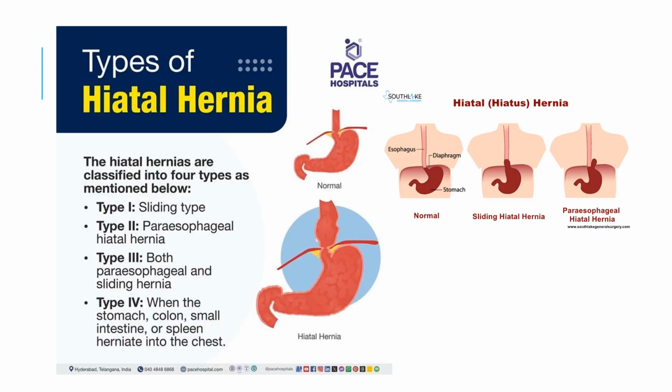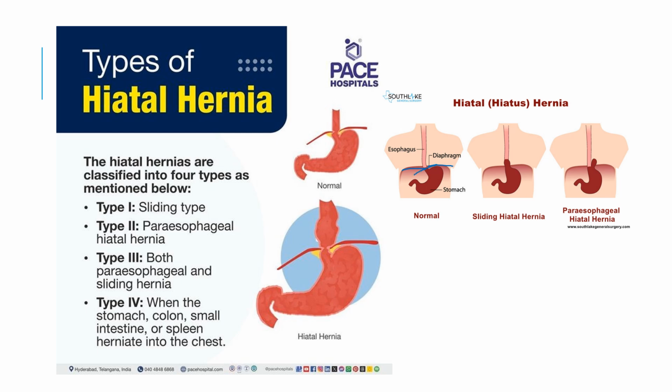So that's clear. Coming to hiatal hernia. Usually there is the diaphragm, and in the line of the diaphragm we have the gastroesophageal junction.